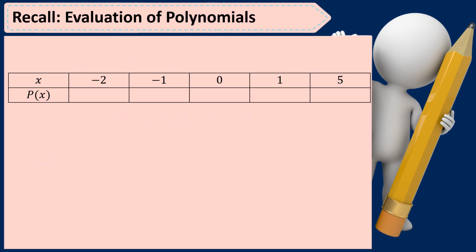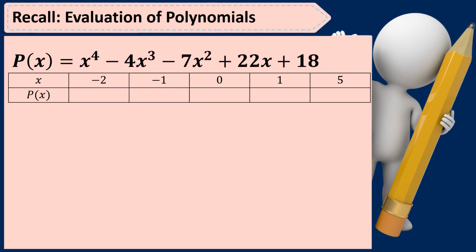Now may we have a new polynomial function. P of x is equal to x raised to 4 minus 4x cubed minus 7x squared plus 22x plus 18. We solve for P of negative 2.